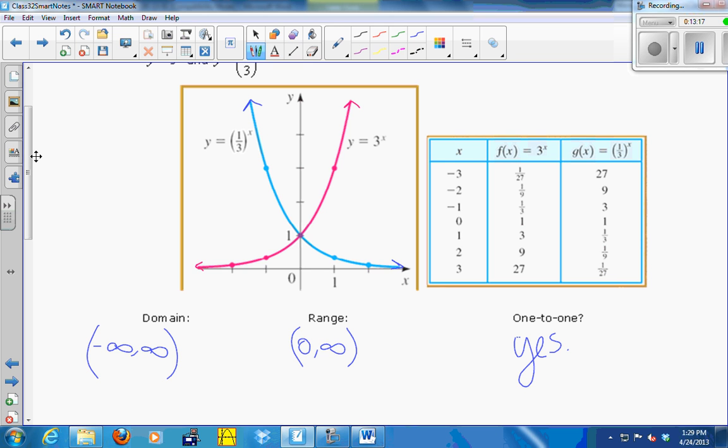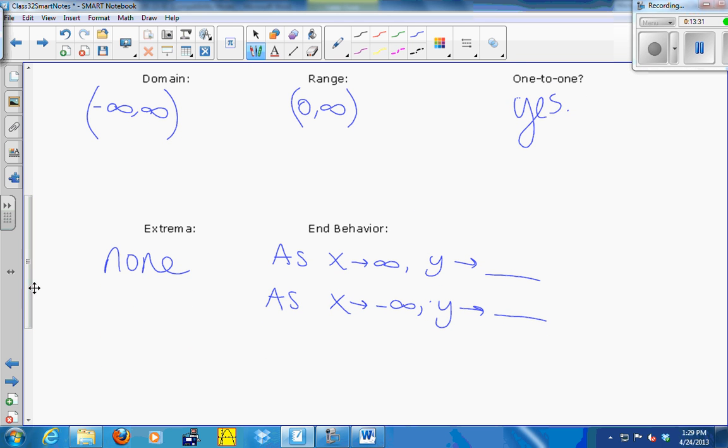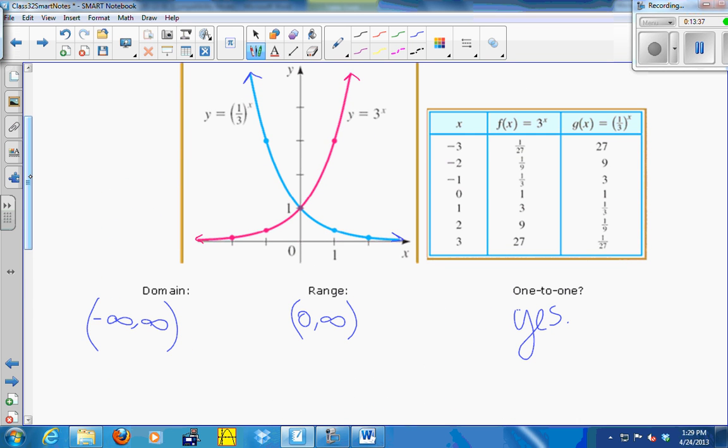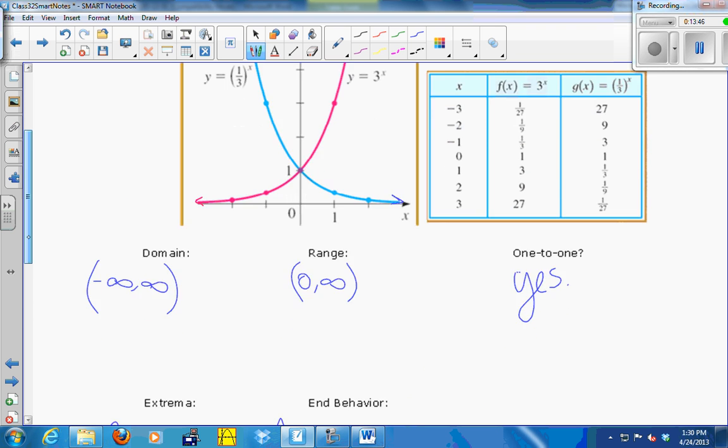As x goes to infinity, the y values approach the x-axis. We've never actually looked at end behavior that does anything but go to plus or minus infinity, so this is something new, to have the end behavior approach 0. As x approaches infinity, y approaches 0. And then as x approaches -infinity, what happens to the y values on the blue graph? They go up to infinity.